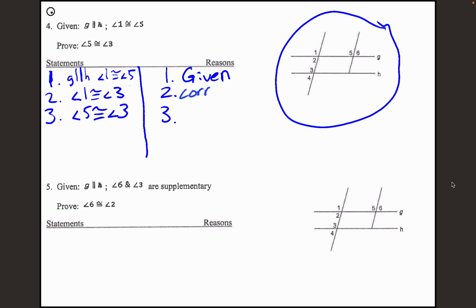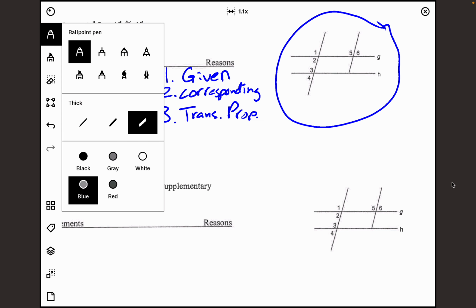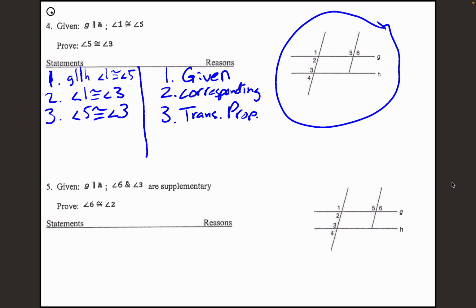Perfect. They're corresponding angles. Yes. Do you know the last one? Okay. Transitive. Can you explain why? What does transitive property mean? Perfect. And that's what's happening here. The transitive property is happening because, again, it's like if A equals B, B equals C, then A equals C. That's what happens right there.